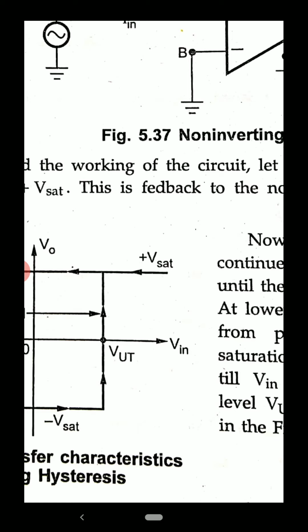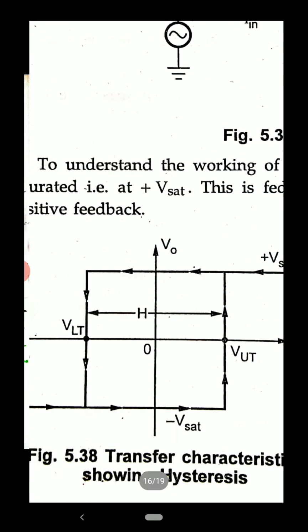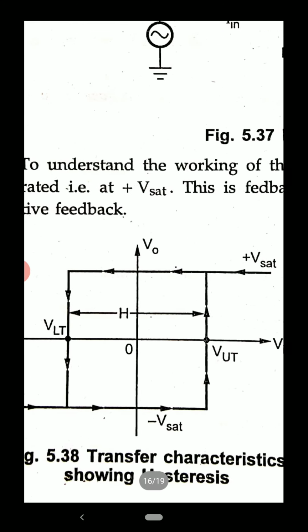Now if you want to study this, say your output is plus V saturation, that means V input is greater than VUT. Slowly you are decreasing your input voltage. Say for example it is now less than VUT but still greater than VLT. In this case your output will remain as plus V saturation, the previous state.